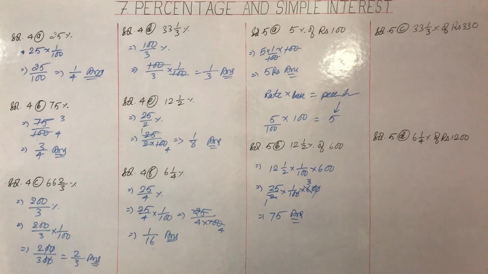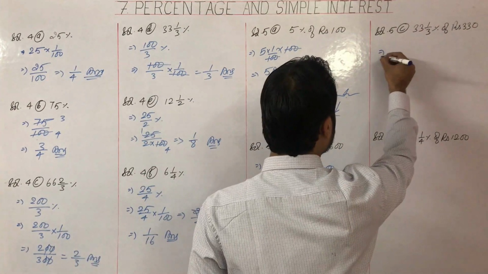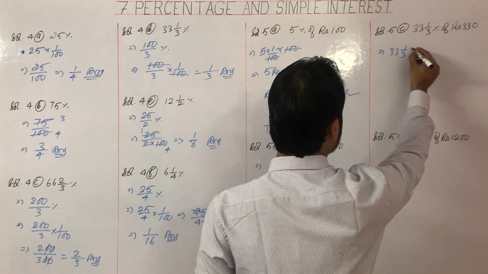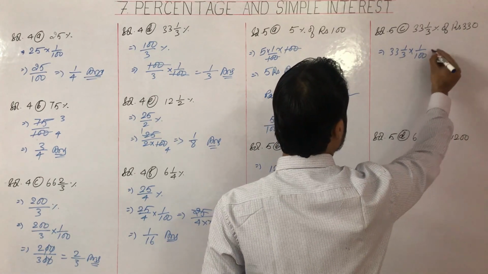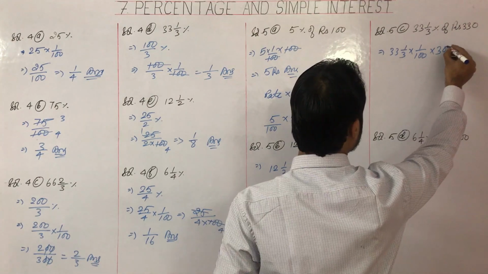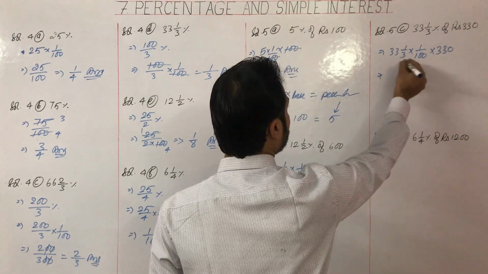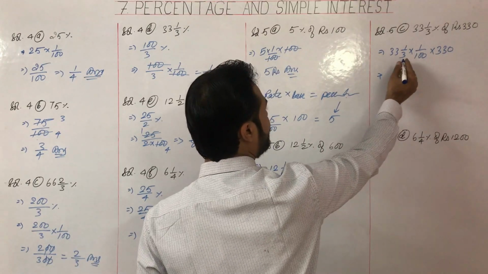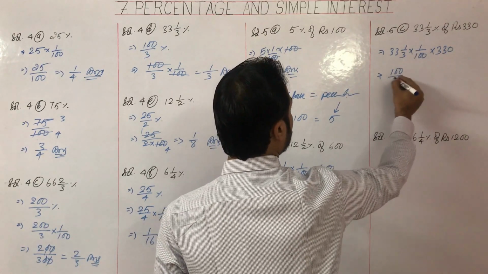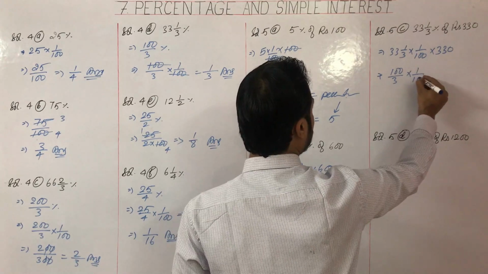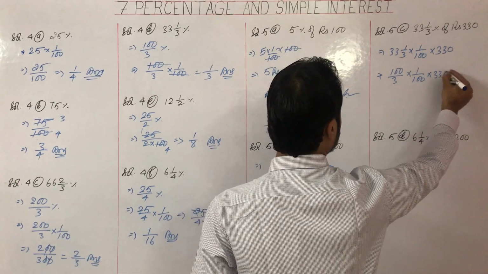The next, 33 1 by 3. So again, 33 1 by 3, percent means 1 by 100 of the base 330. So 33 into 3, 99 plus 1, 100 by 3 into 1 by 100 into 330.